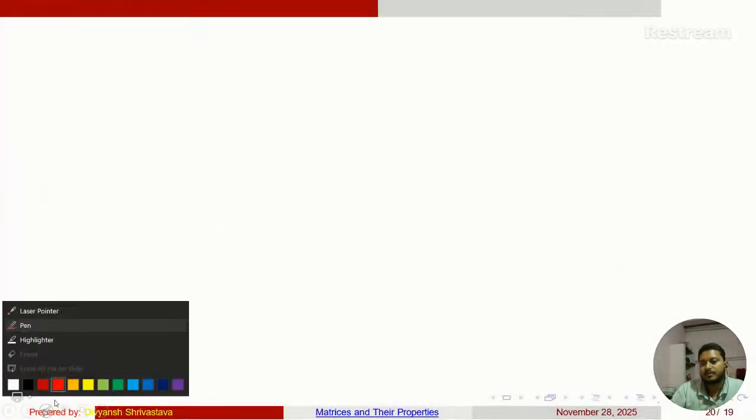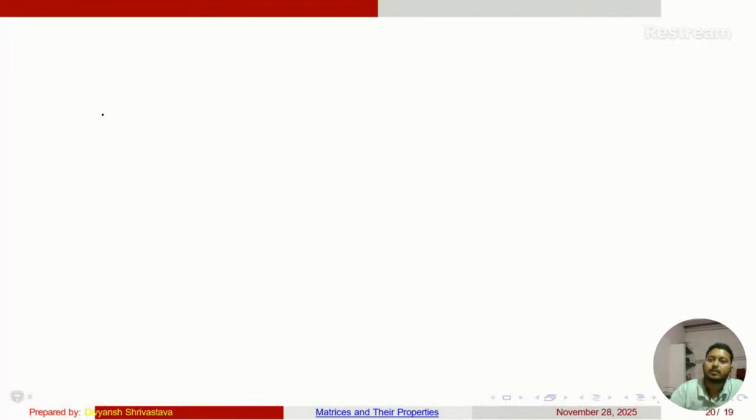This is the definition of matrices. A matrix is important because it is a convenient way of storing information in the form of m horizontal rows and n vertical columns.